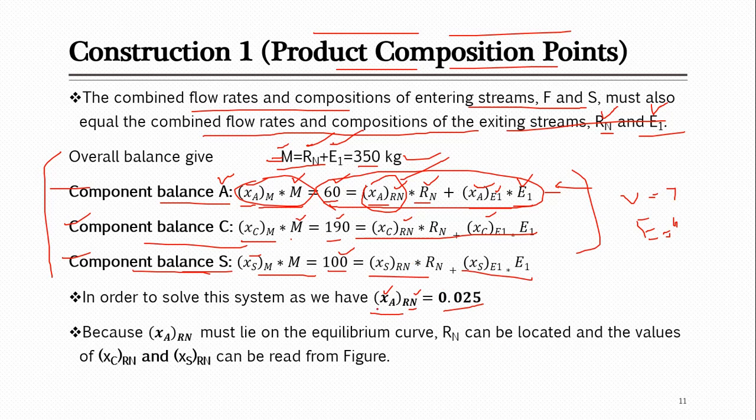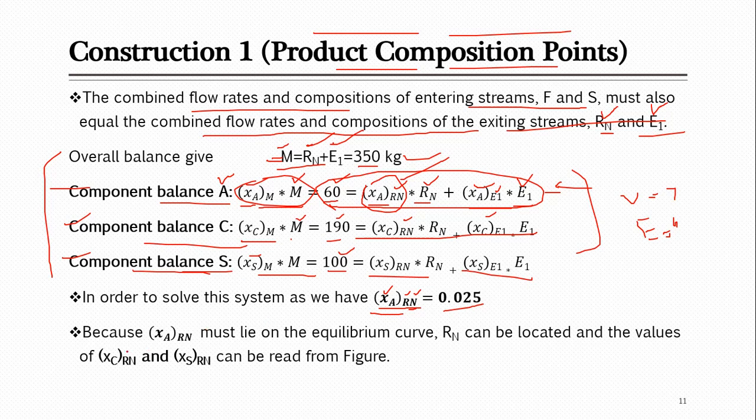We can locate this point somehow on that diagram, but how will you locate it? This is not exactly the raffinate or extract. This is only one of the components available in the raffinate stream, that is only given to you.